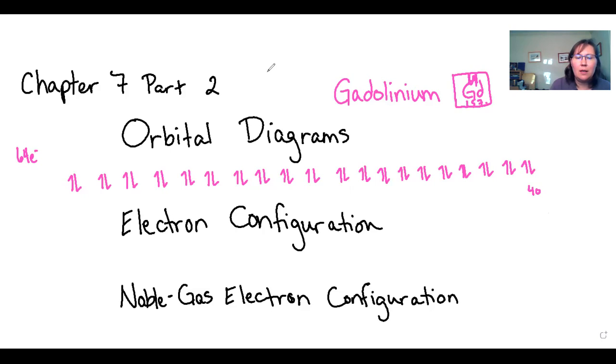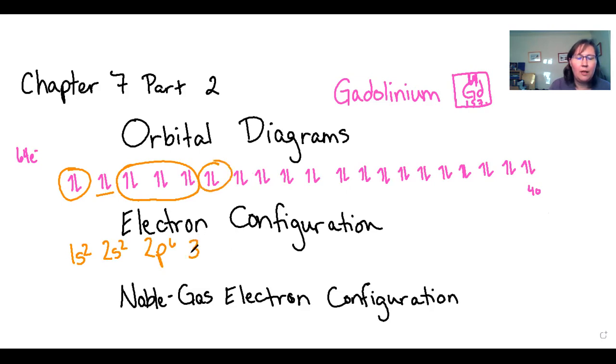Okay, so I'm going to do the electron configuration right here. Here we have 1s2, and then 2s2, and then 2p6, and then 3s2, and then 3p6, and then 4s2.